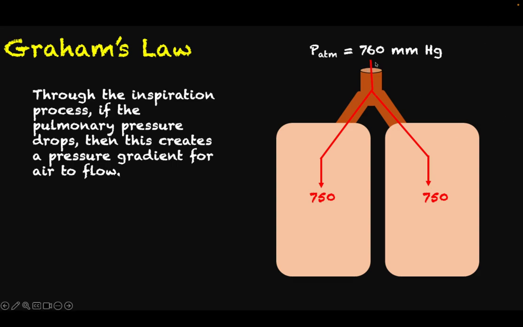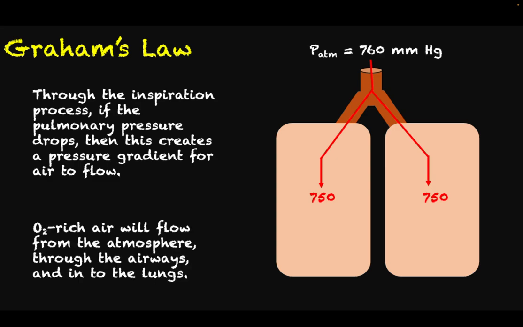And now the atmospheric pressure is the higher of the two numbers, and that air outside of your body will flow inward through your trachea, through your bronchi, through your bronchioles, and it will flow towards the lower pressure, which is the pulmonary pressure inside the lungs. So this mechanically is how we draw air into the lungs and inflate those alveoli, which is going to be a prerequisite for the next kind of respiration that we're going to look at down the line.